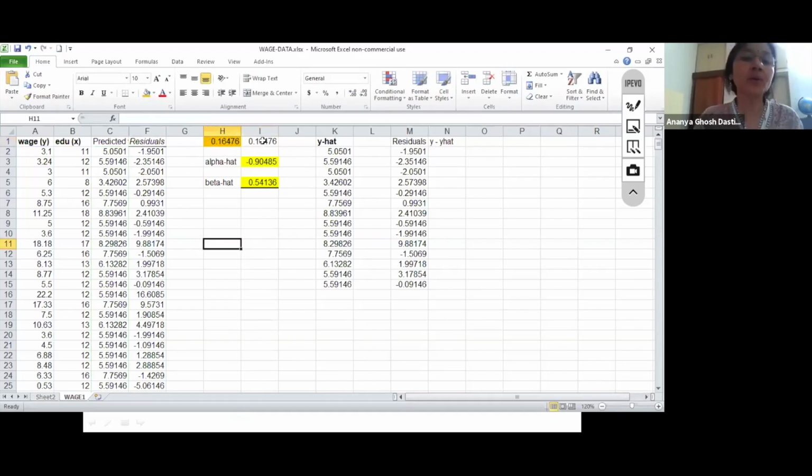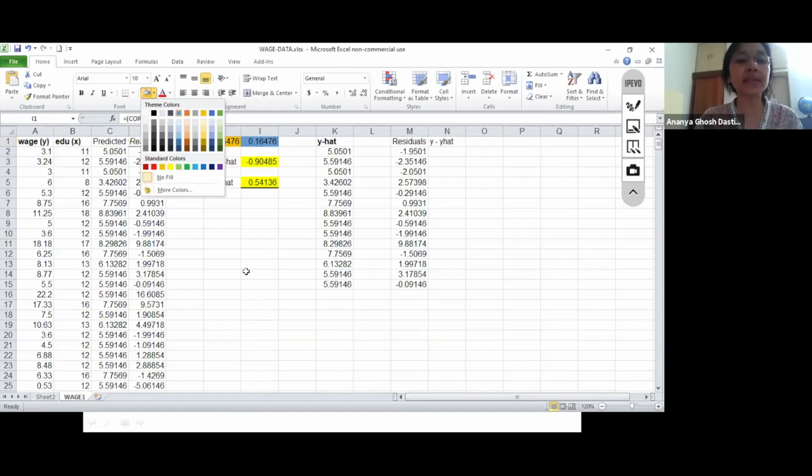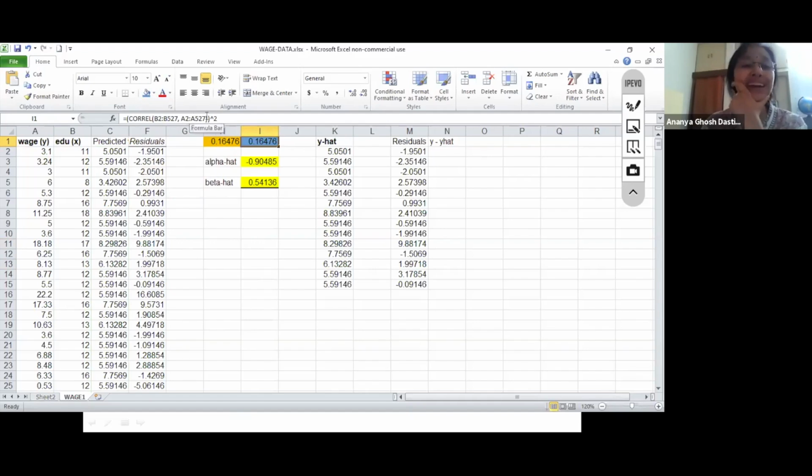Now, look at what I have done here. I'm going to highlight this in blue. Here, I have taken the correlation between x and y, and I squared it. These are not just correlations, they're squared correlations. So when you take the correlation between x and y and square it, you get exactly the model R squared. Why? Because this is a two variable model. So check these little things about your R squared.